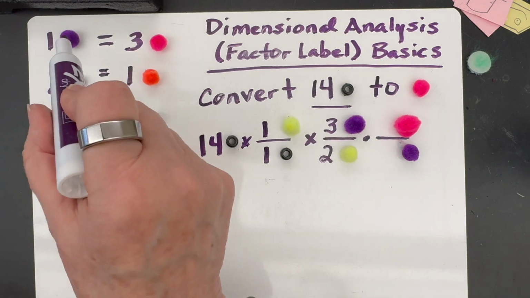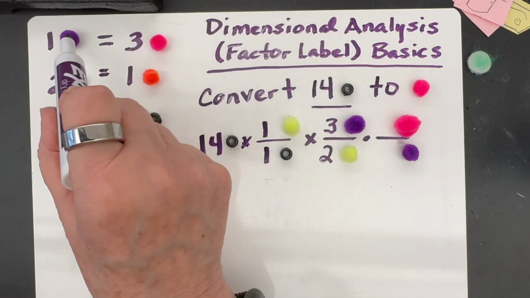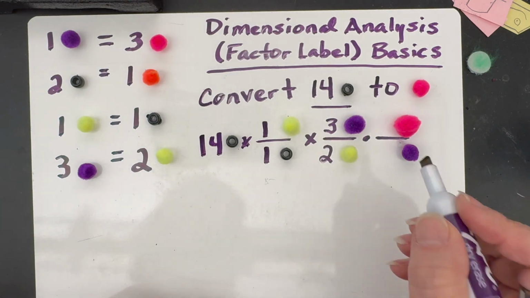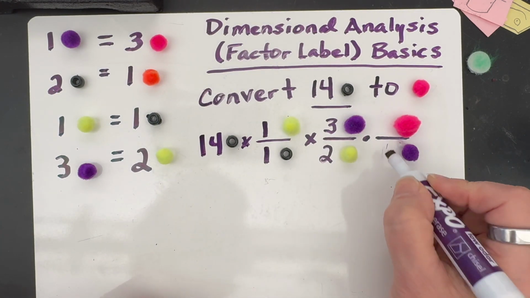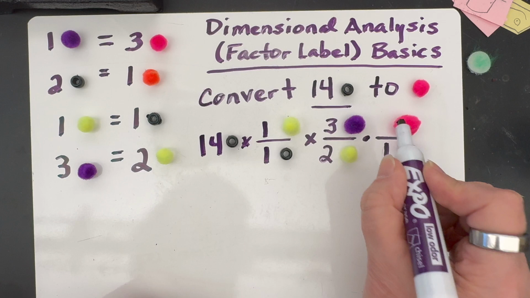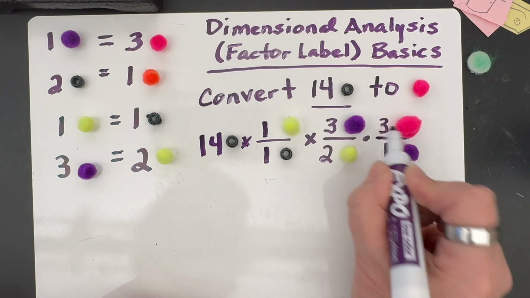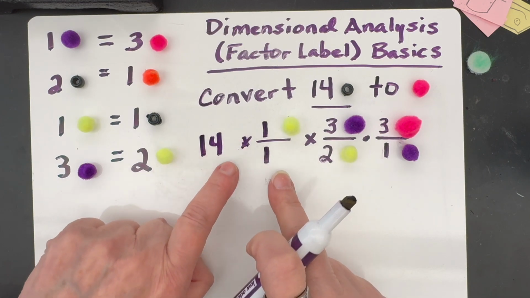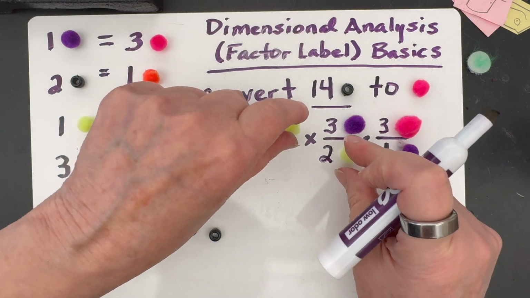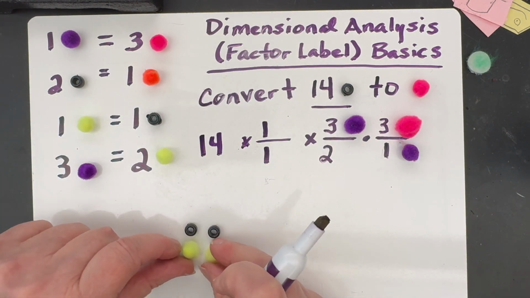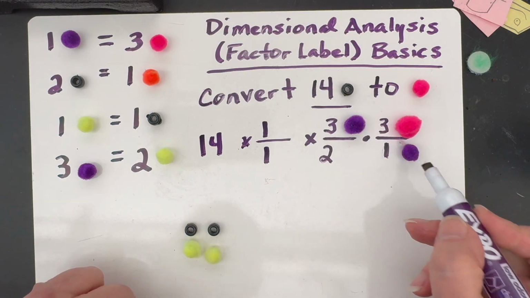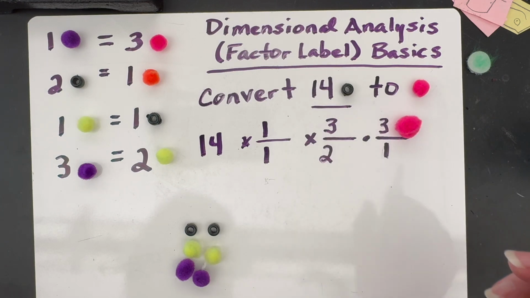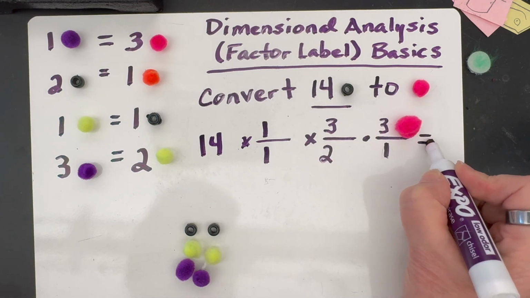So when we go up here, we see a purple and a pink conversion factor: 1 purple is equivalent to 3 pink. So our black cancels with our black. Our yellow cancels with our yellow. Our purple cancels with our purple. And we're just left with pink, which is what we're trying to find.